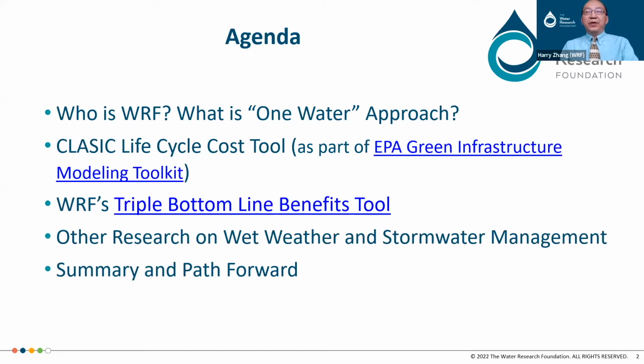In addition, the Water Research Foundation also funded an effort to develop a tool called the triple bottom line benefit tool, which can be used in combination with the CLASIC tool. Toward the end, I want to mention a couple of other research efforts on wet weather and stormwater management as resources for you. Finally, I'll give a summary and the path forward.